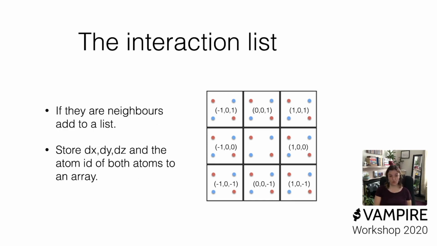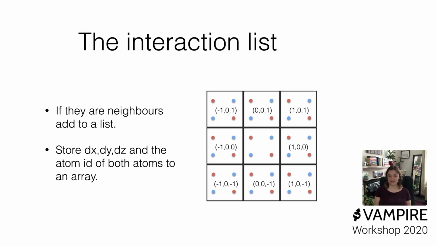So we want to store the atom ID of both the atoms. So we want the atom ID of the atom in the initial unit cell, and then the atom ID of the atom that it's interacting with from either the same unit cell or another unit cell. So if you look at this red atom that's in the top corner of the unit cell, and if we say that this was atom ID 0, every atom in all the other unit cells that correspond to this atom has exactly the same atom ID, so they're all atom 0.